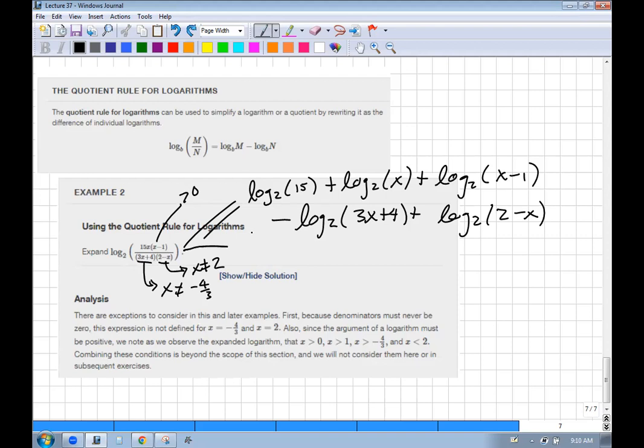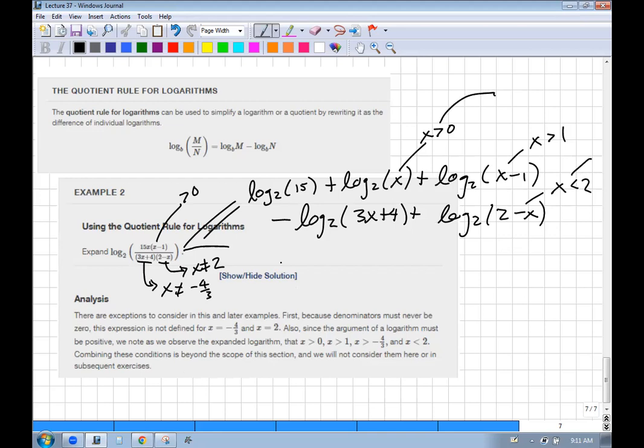But if we expand this into this, everything like this tells you x has to be positive. You can't take the log of a negative number. This tells us x has to be bigger than 1. This tells us x has to be less than 2. So we're already seeing x has to be positive, but it has to be less than 2.